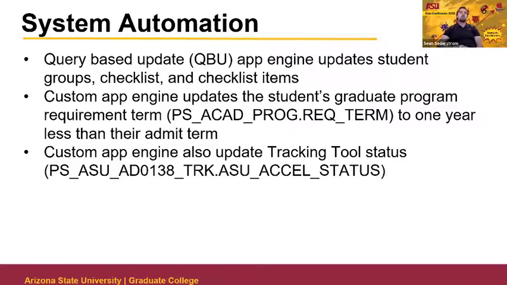So the reason we did that, again, if you remember, I said that we're moving to a business process. The old process was that the student would actually apply to the graduate program for a term while still in their undergraduate program, typically the term that they're in their junior year of their undergrad.